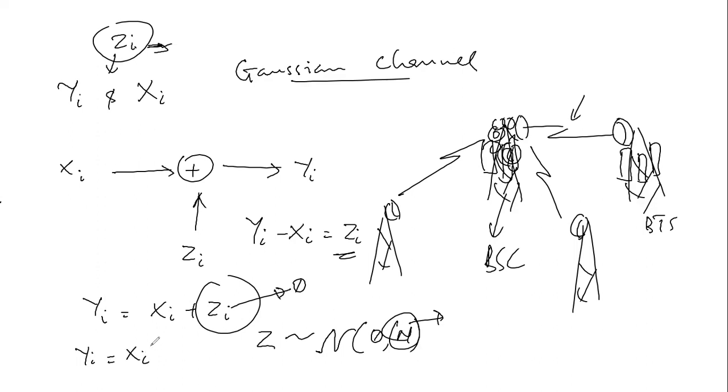Since X can take on any real value, the channel can transmit an arbitrary real number with no error. That's the idea, okay? So what we want to do is to find a way to limit the noise contribution in this Gaussian channel.